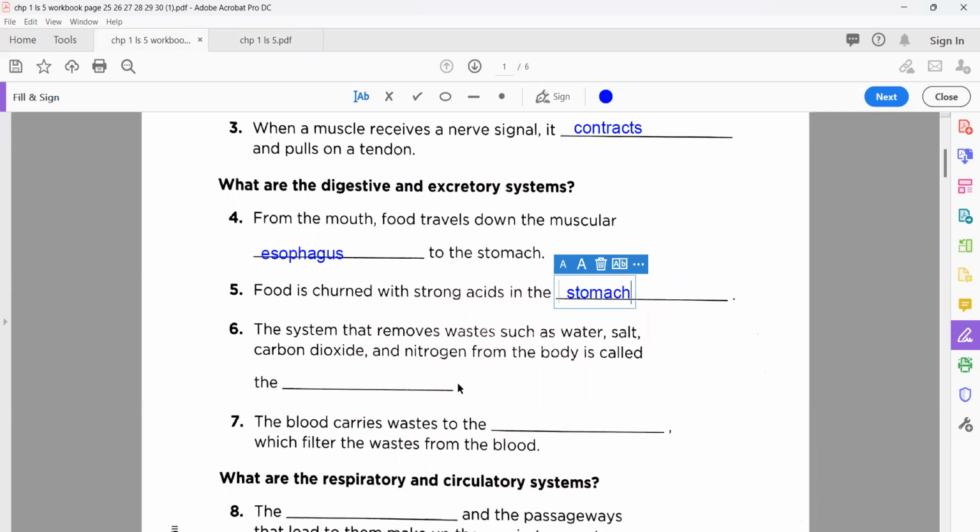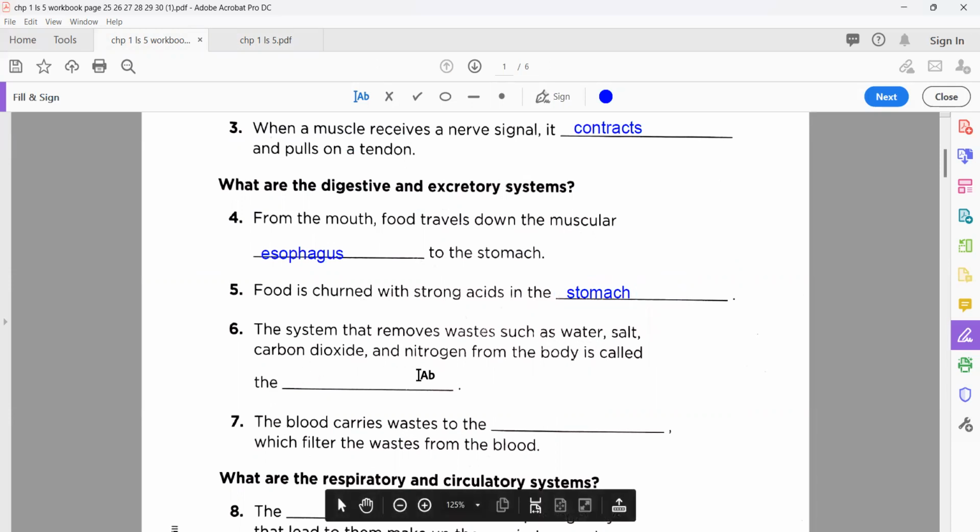Stomach. Okay. Then the system that removes waste such as water, salts, carbon dioxide, and nitrogen from the body is called dash. It's 100% sure whatever you take, drink, or eat, you can't absorb everything. There should be waste.